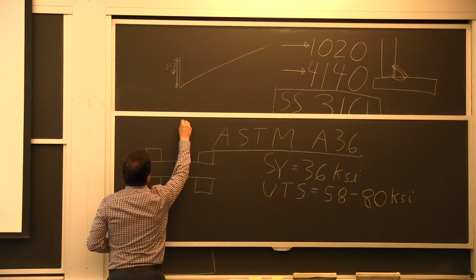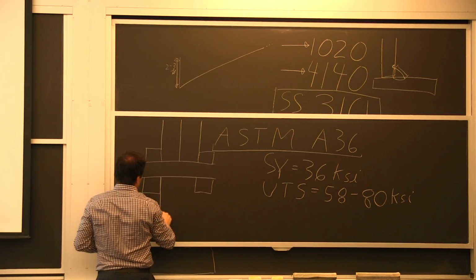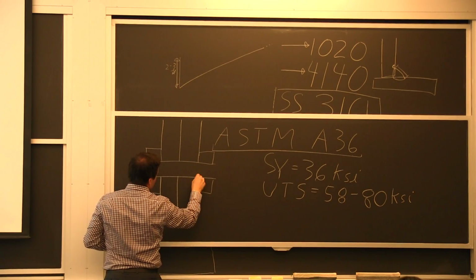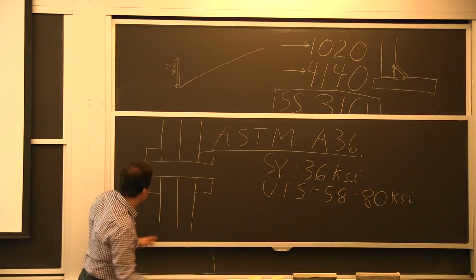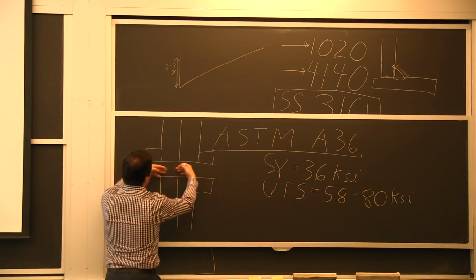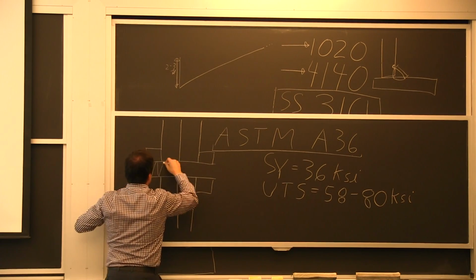Then I have two big flanges, so we're cutting through the assembly here. These are two flanges. We have one bolt with a nut on each end, so we see the thread right here.